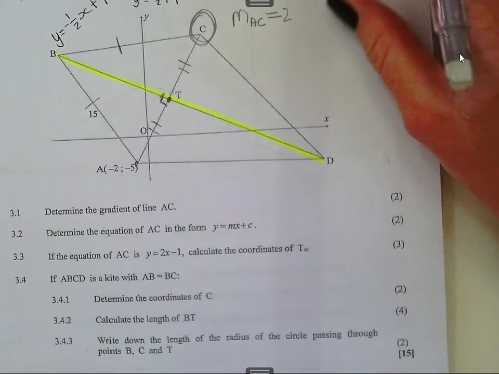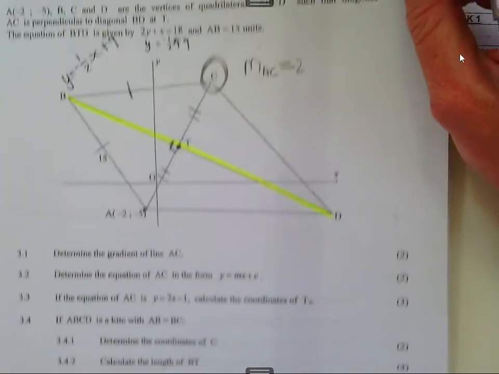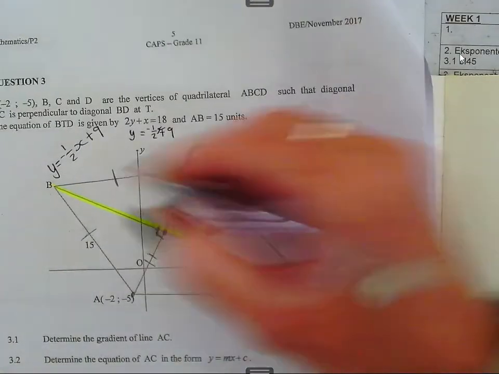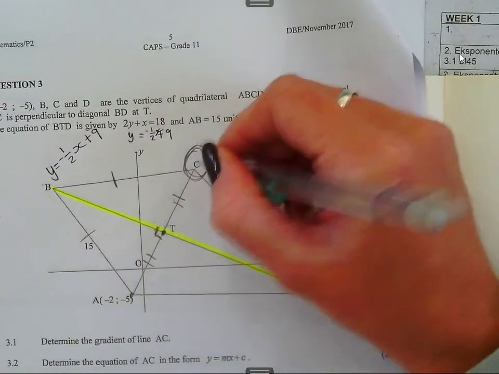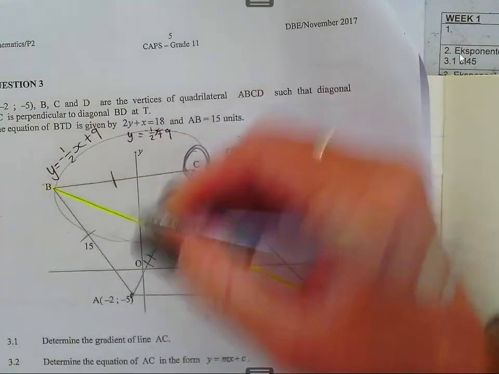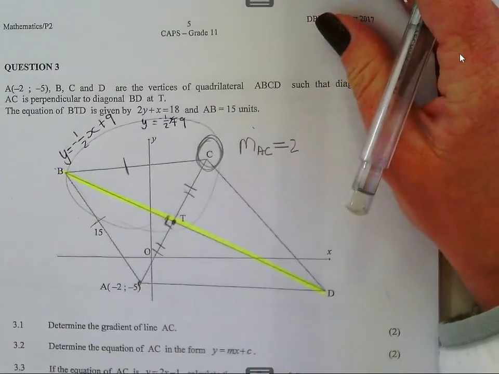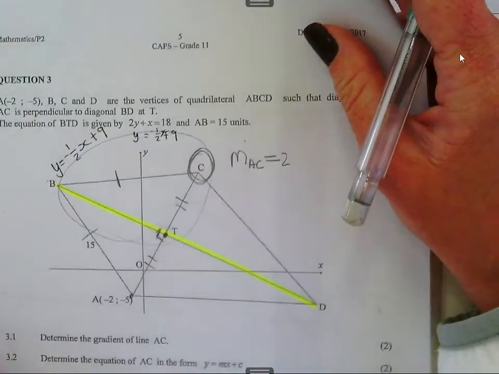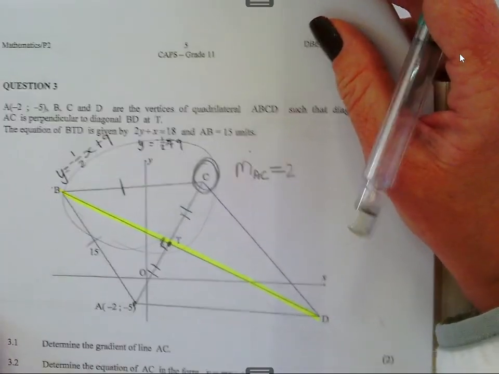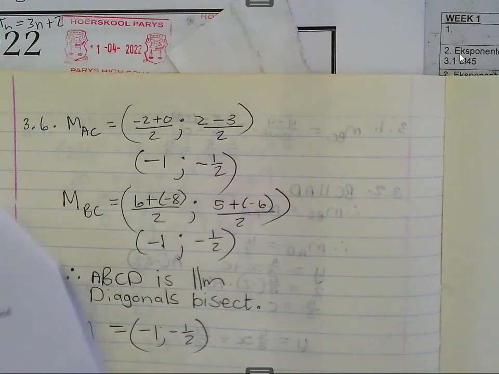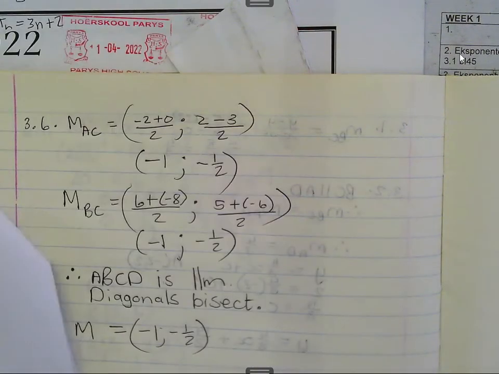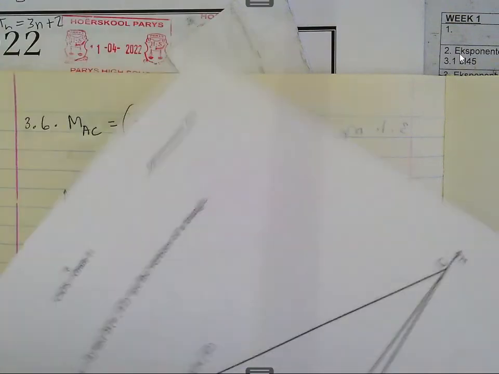Write down the length of the radius of a circle passing through points B, T, and C. Let's see if you get that right. You've got some Euclidean geometry coming through there. All right, and then also question 4 on the next page as well. Go.